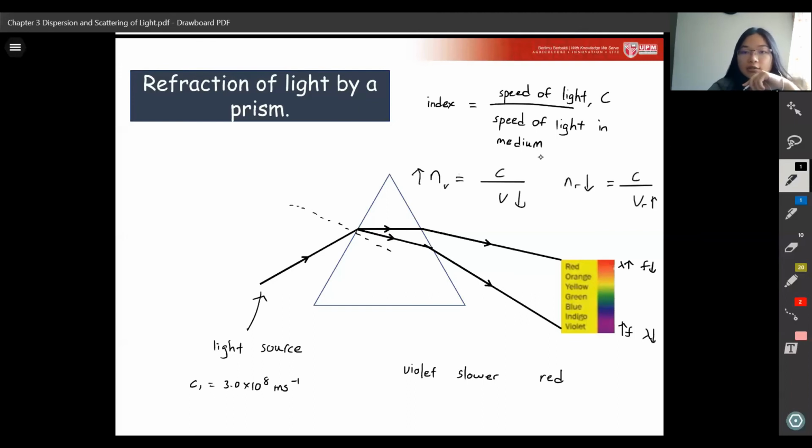And the higher refractive index means the violet light will bend more when refraction happens. Then the violet light will bend more compared to the red light. And here another refraction occurs. And as a result, we can see the spectrum of color light. And this is the phenomenon of how a rainbow forms.